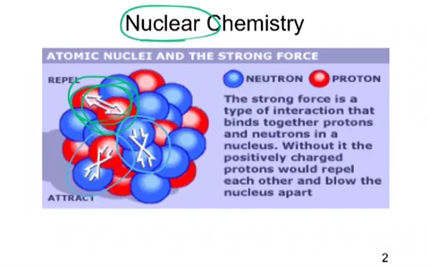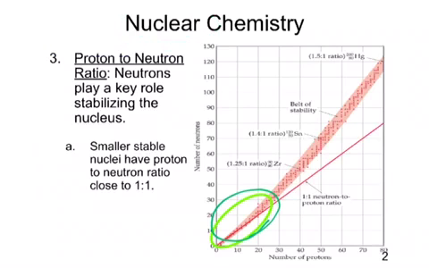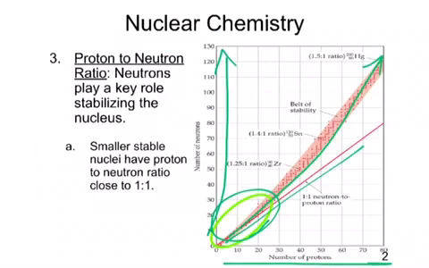So this is just a review about what is in the nucleus, looking at the forces that are acting in the nucleus, and then introducing the idea that as we go across the periodic table, as we increase the number of protons, meaning as we go from element to element, the number of neutrons is going greater than a 1-to-1 ratio, as we see here.